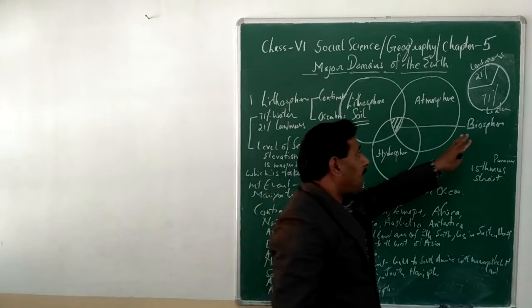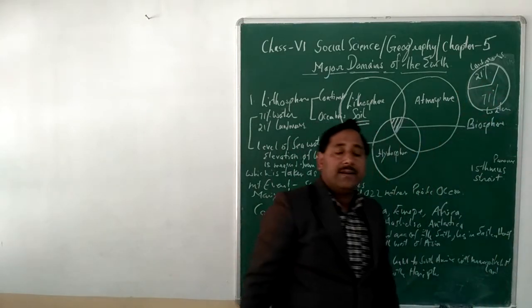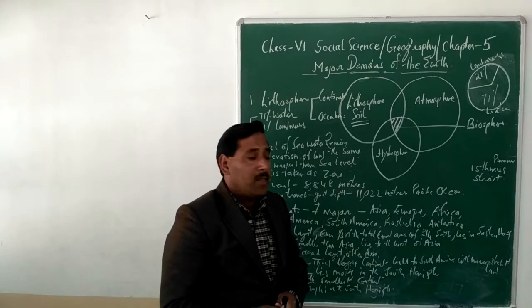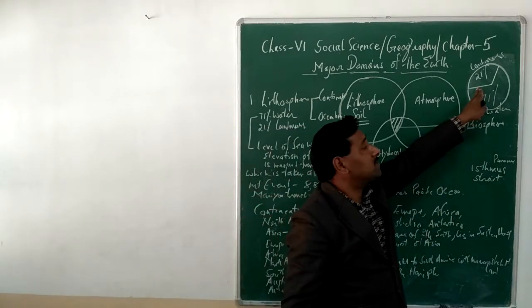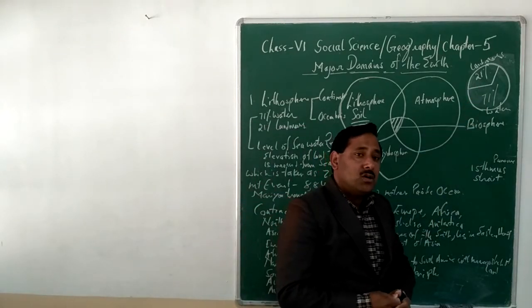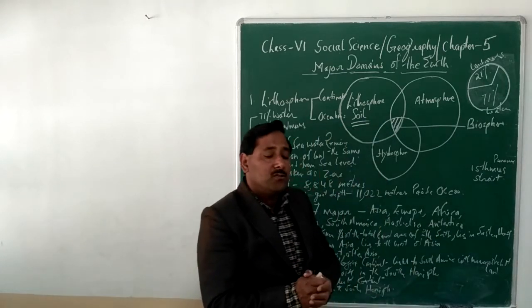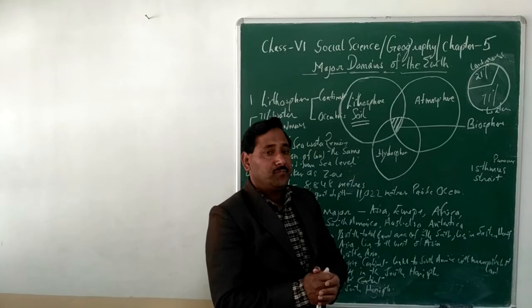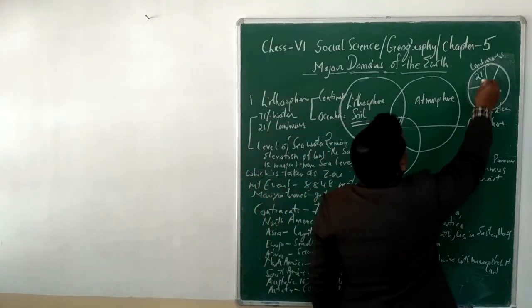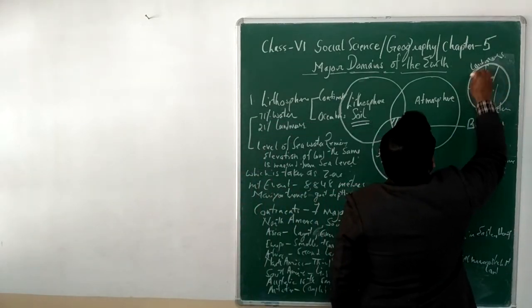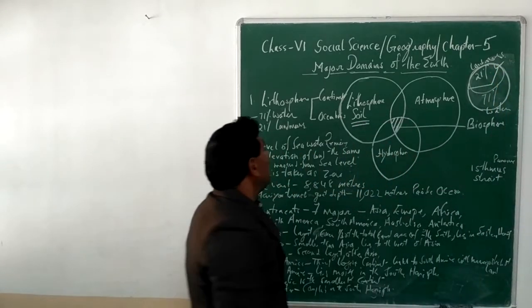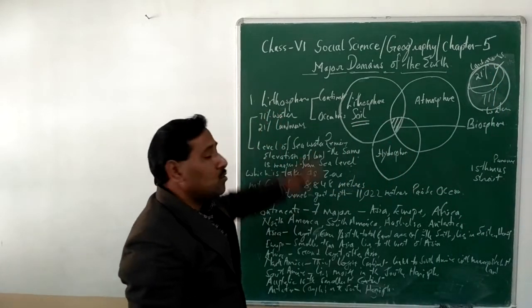So the maximum part of our planet is water bodies, and only 21% is land mass. That is why our Earth is also known as the blue planet. So we will be discussing the landmass today, the solid portion which is known as the lithosphere.